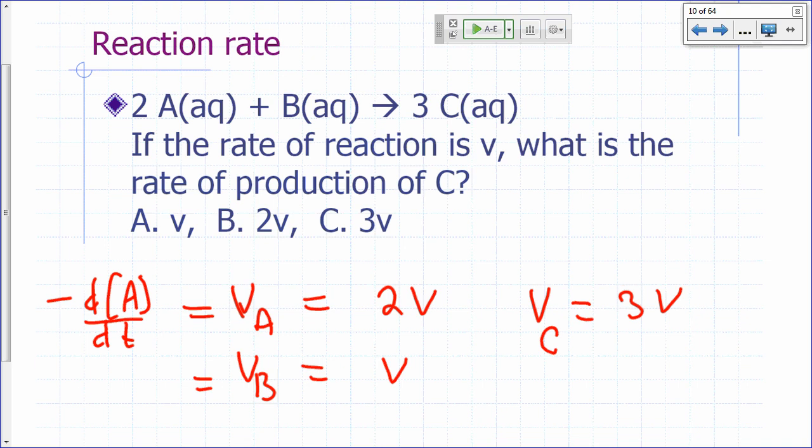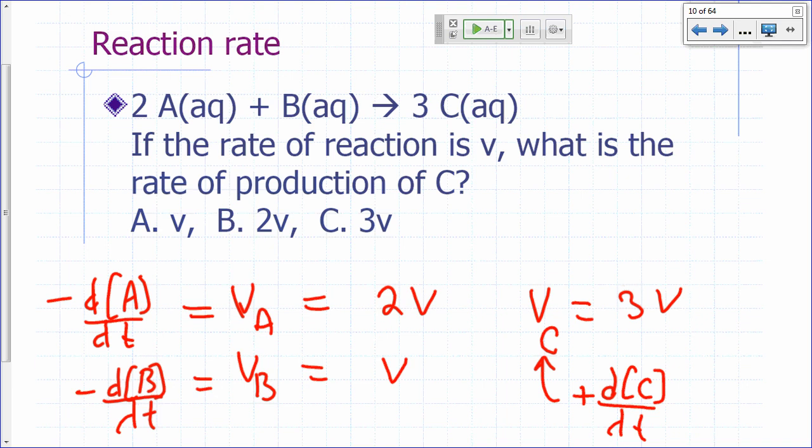The rate of consumption of B is negative dB dt. And the rate of production of C, that's just positive dC dt. When we're dealing with products, the rate of production would be a positive derivative. This would be negative for rate of consumption.